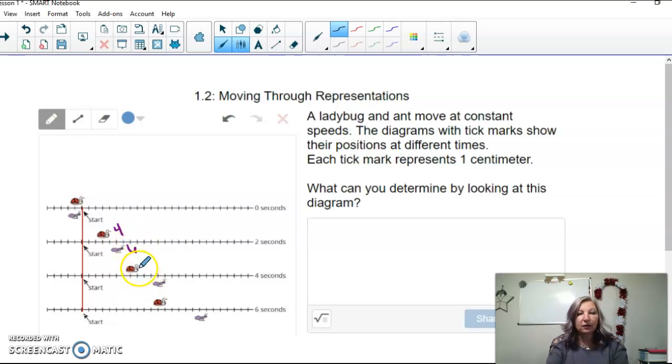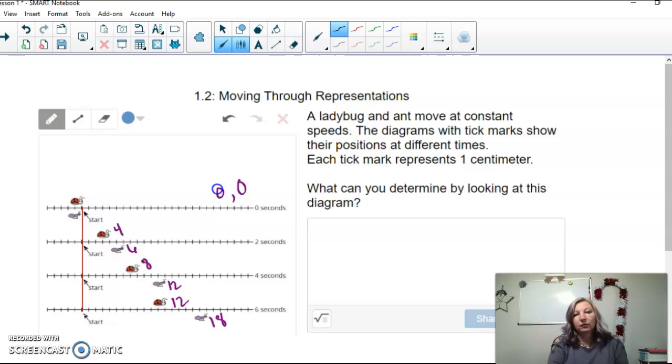In the next diagram, the ladybug has traveled 8 centimeters, while the ant has traveled 12 centimeters. Then in the next line of data, the ladybug is at 12 centimeters and the ant is at 18 centimeters.